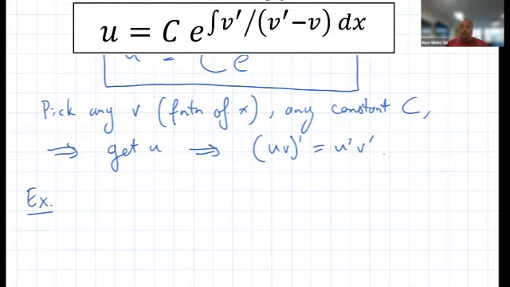You can pick any v. If you pick v as something complicated like sine squared of x, then the integral may not be doable, yeah? But it's still a legitimately defined function. It is perfectly legit to define a function in terms of an integral of something. There's nothing wrong with that.